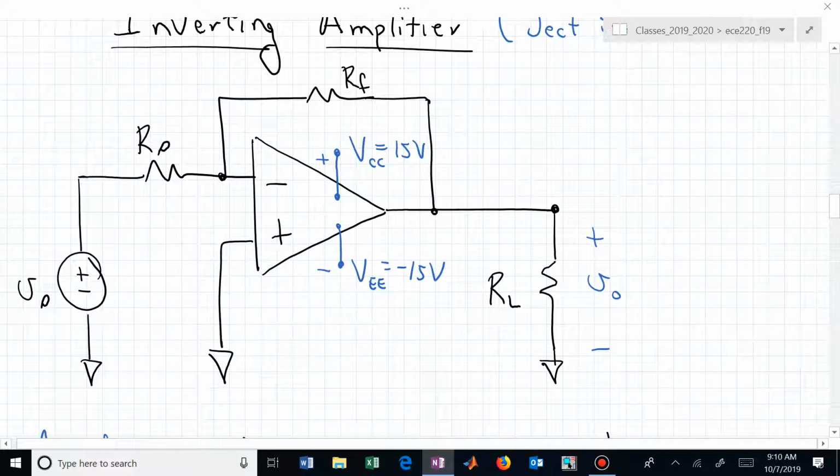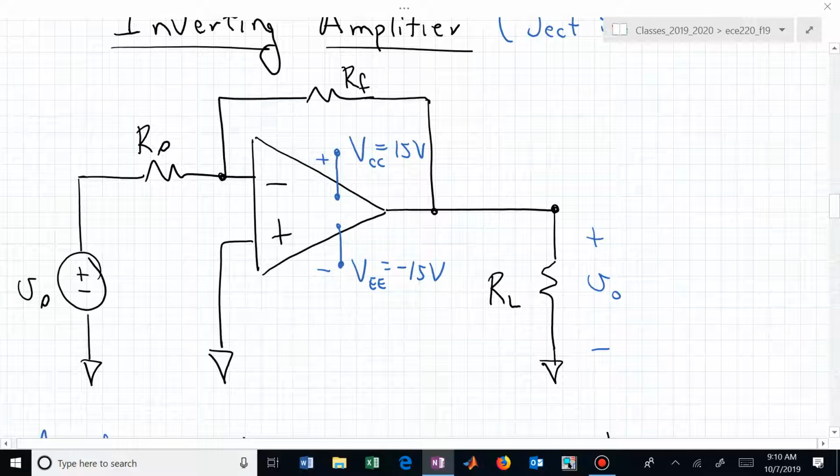Here we're setting them at two equal extremes, plus 15 and minus 15. And we've put some external resistors around these various pins on our op-amp. We're applying a voltage, V sub S, into the inverting pin of the op-amp, and we have some output V sub 0 across an output resistor R sub L.